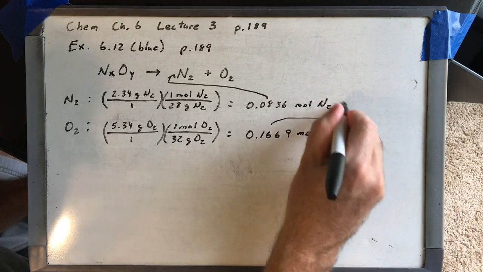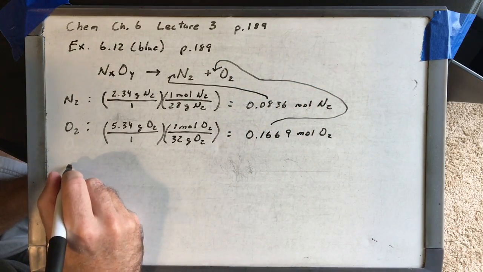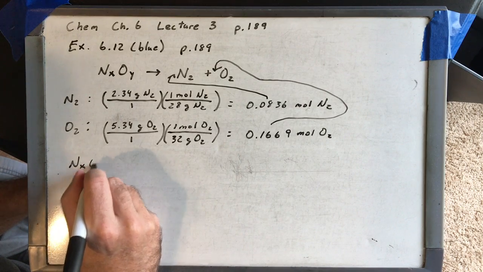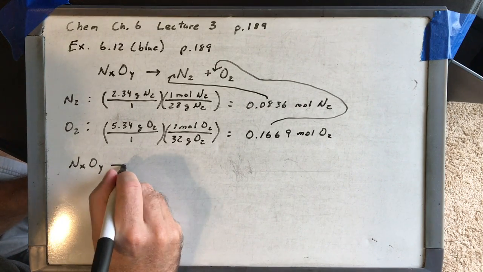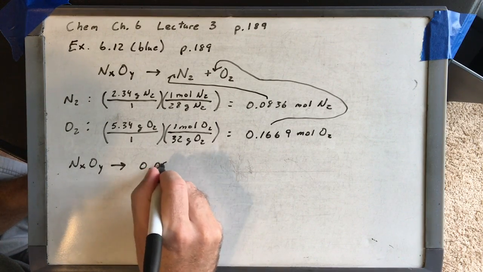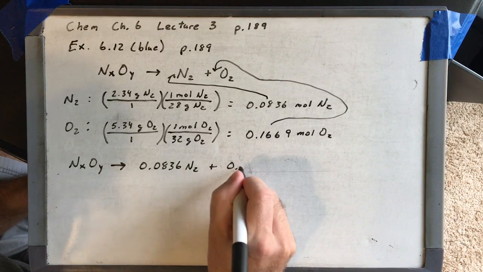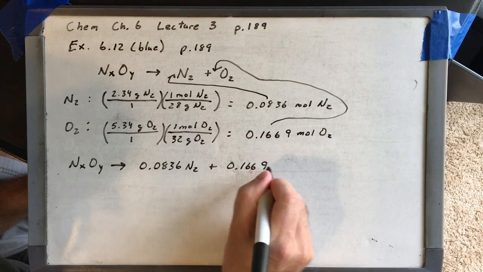So that is going to be the number we can put in front of O2. So let's rewrite our equation. NxOy makes 0.0836 N2 plus 0.1669 O2.